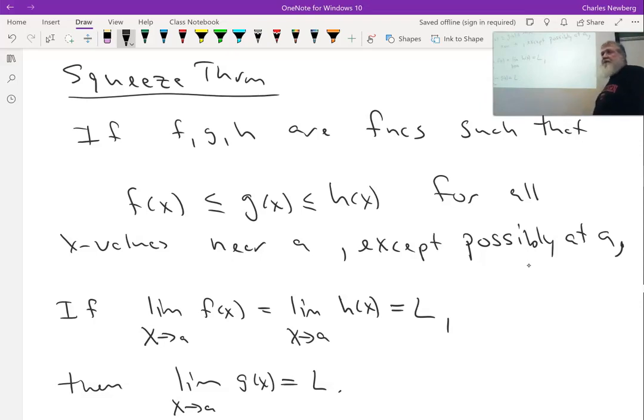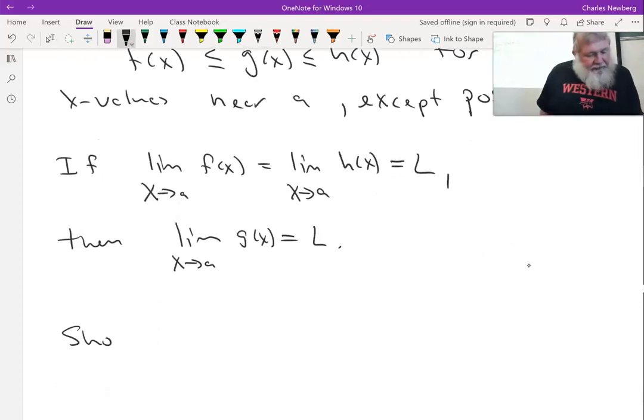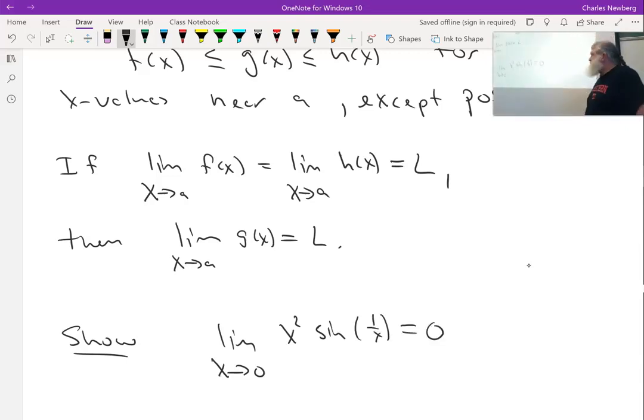Give you a chance to get caught up, and then we'll do a couple of these. And these are really going to be the ones that help us get some trig identities established. All right, so our first problem is this. We're going to show the limit as x approaches 0 of x squared times sine of 1 over x equals 0.